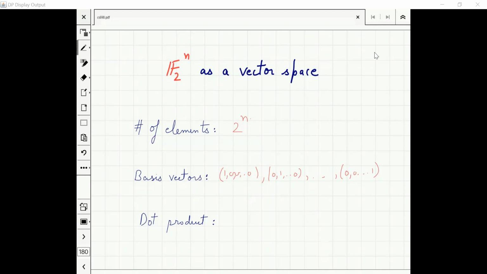If I have two vectors x1 to xn and y1 to yn, like the real case I take the entry-wise multiplication and add them up, but then I restrict it to mod 2. This is the dot product between x and y. And then I can talk about vectors being orthogonal and things like that.